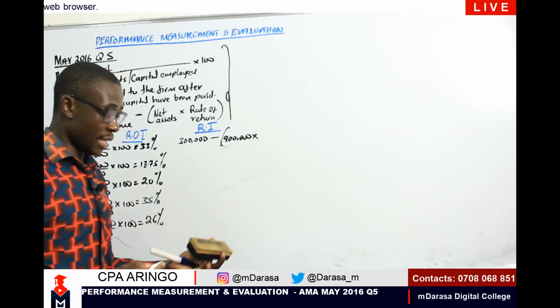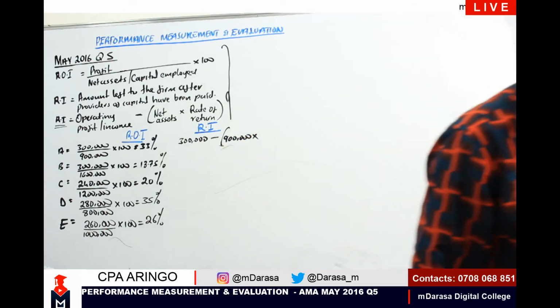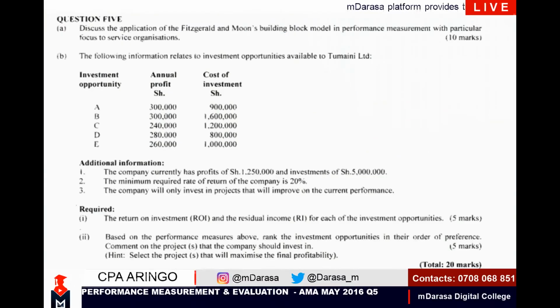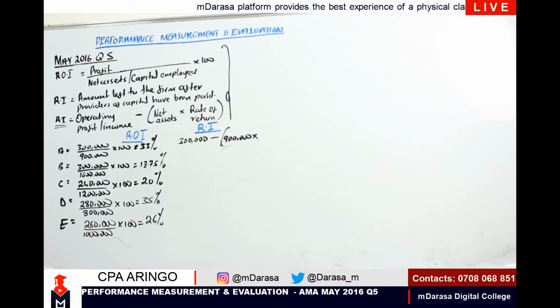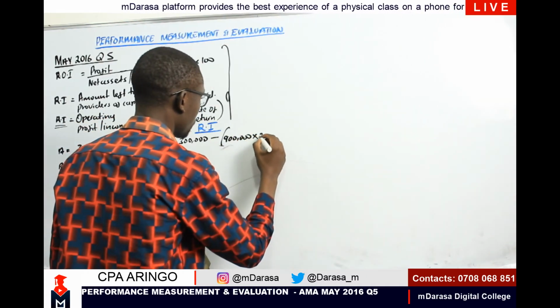If we can share this question, you can see the rate given in note 2, additional information: the minimum required rate of return of the company is 20%. So we should be talking of times 20%.